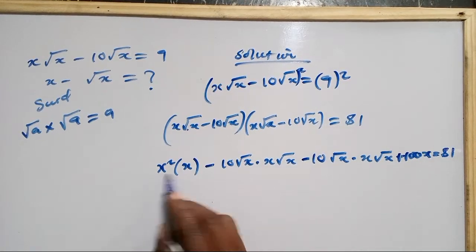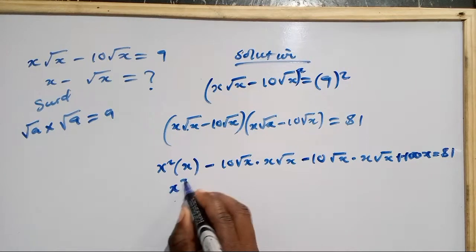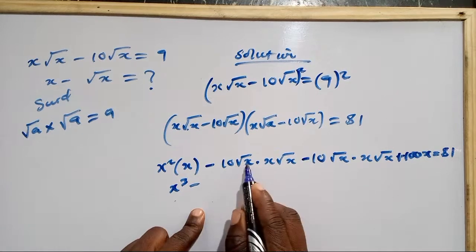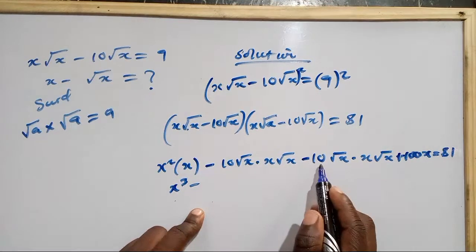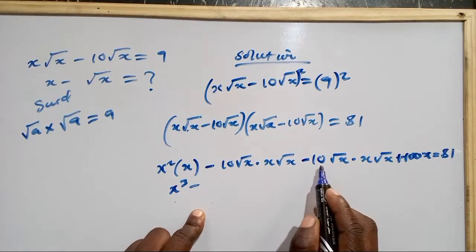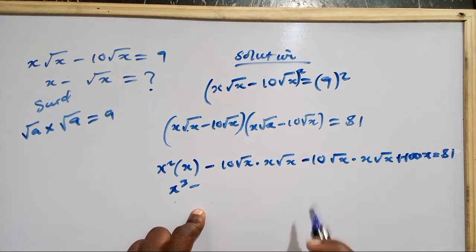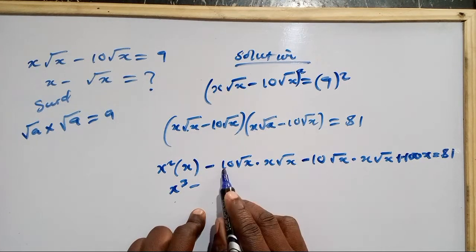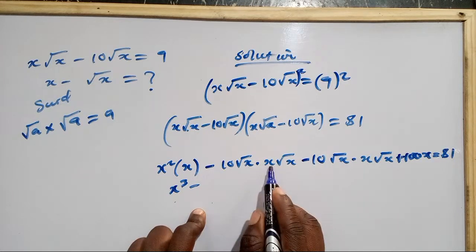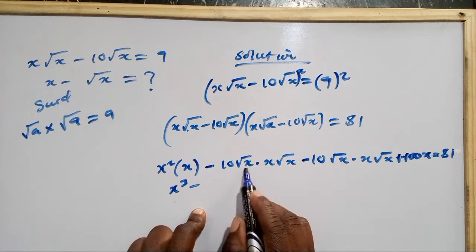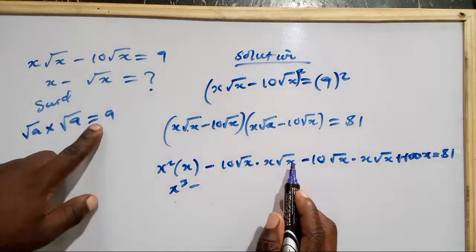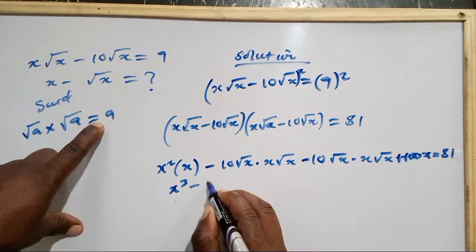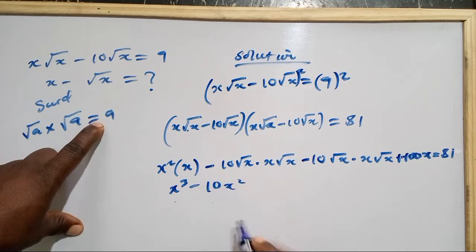Here x squared multiplied by x, we're going to have x cubed. Minus 10 root x, first let's deal with minus 10 root x multiplied by x root x, in which root x multiplied by root x, like I said, you're going to have x, then multiplied by this x here, you're going to have minus 10 x squared, right?